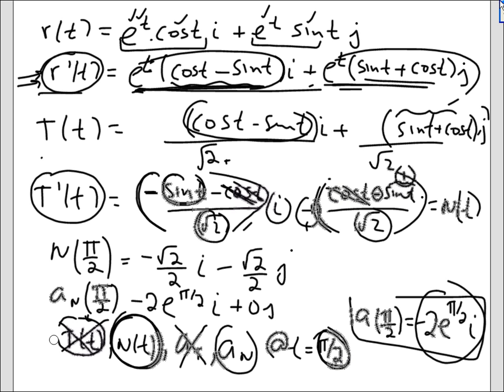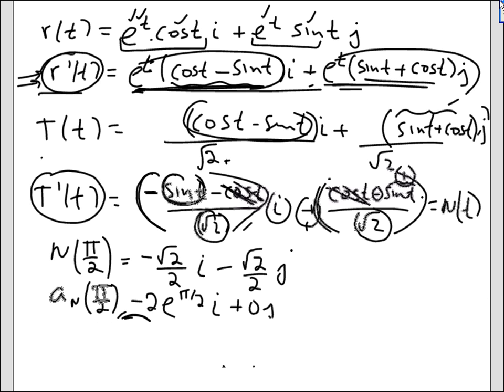Now all I have to do is dot those two, and I will have something called a sub N. Just need to perform the dot product. That is not a sub N, that is a of pi over 2, excuse me. That's just acceleration at pi over 2.